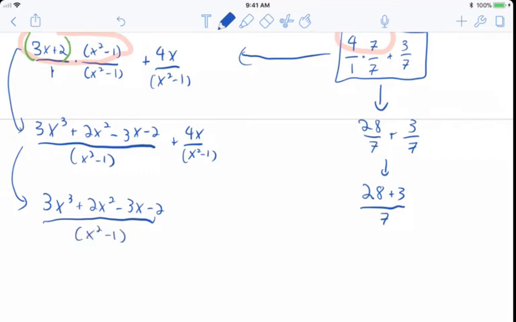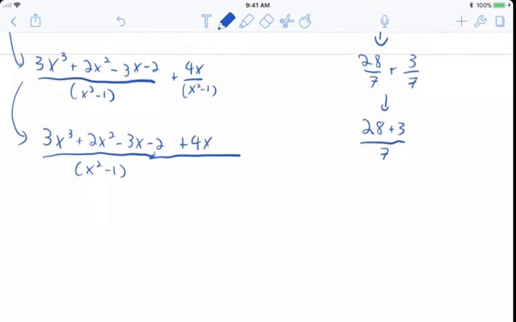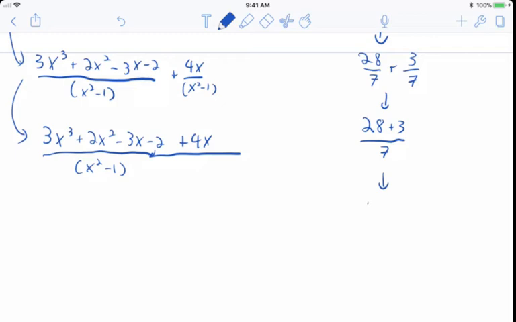And in the same numerator now, add them together. And now I combine them. 31 over 7. So now I just combine these. I simplify it. I'm essentially expanding it out. 2x squared plus x minus 2.